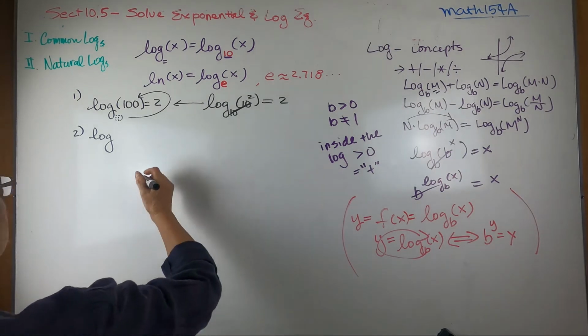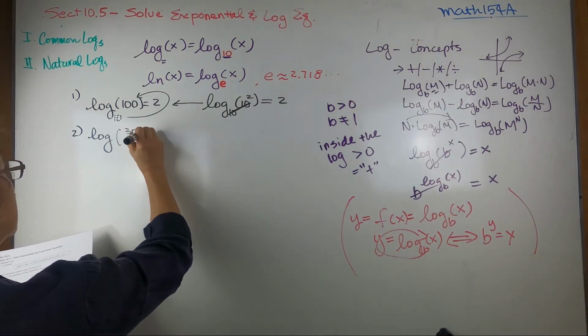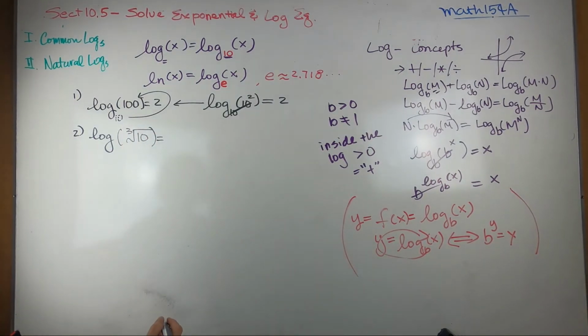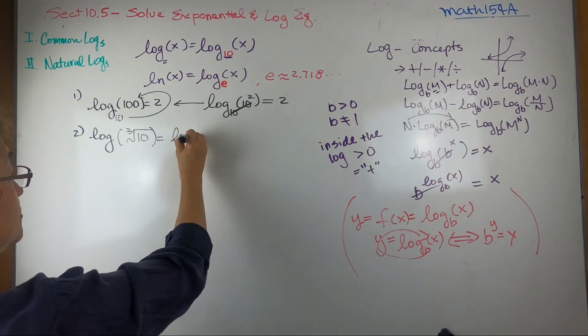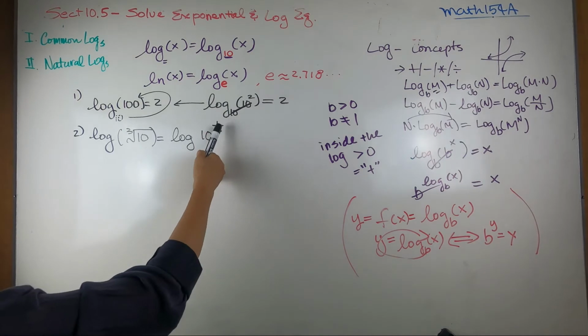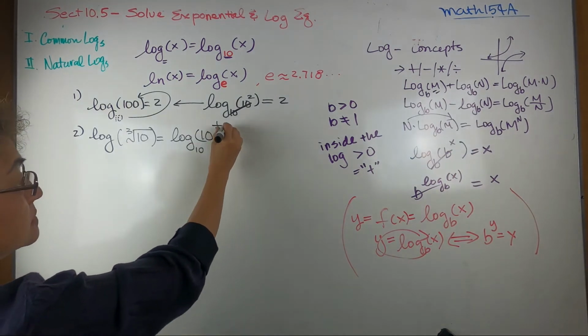So to find the value of the common log of the cube root of 10, what do you think? You change back to the power style. Top is power, bottom is the root. That's cube root, and it's base 10.